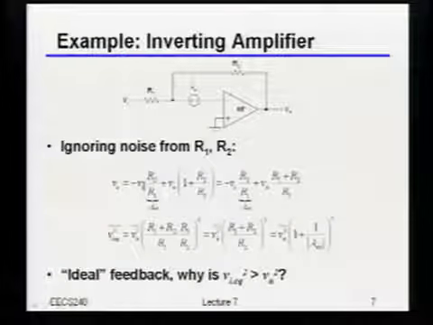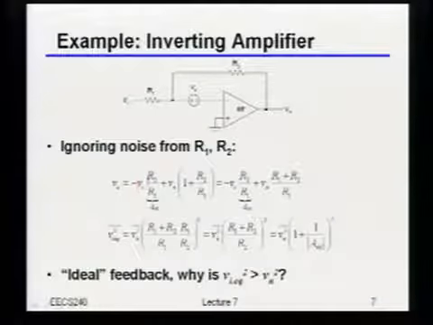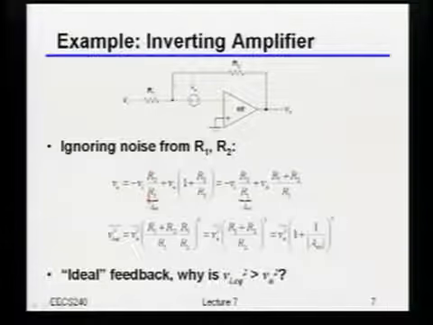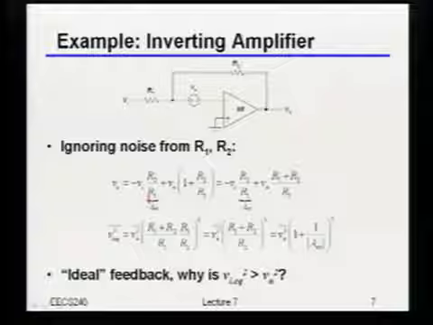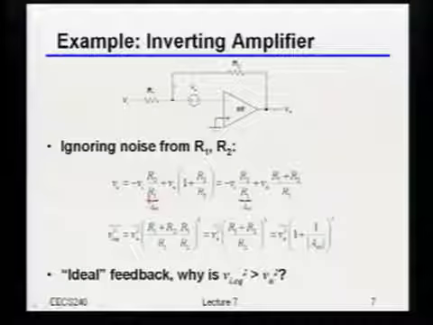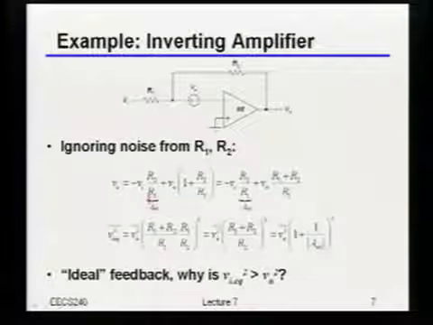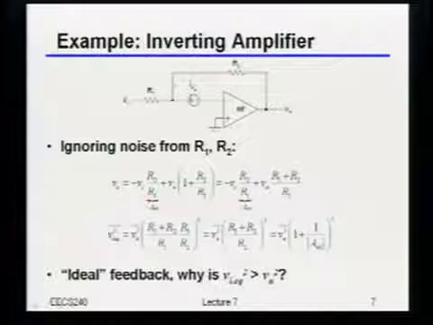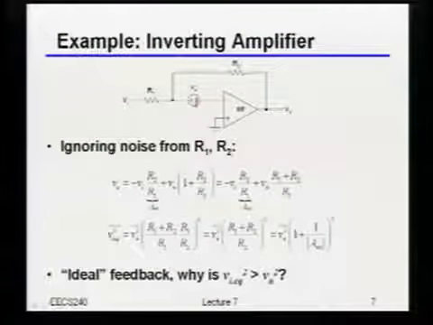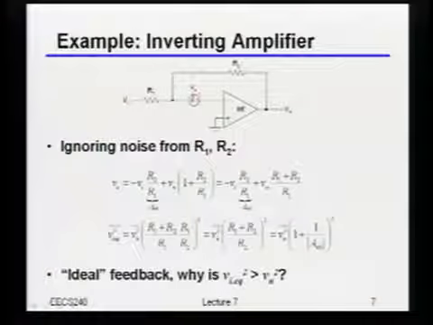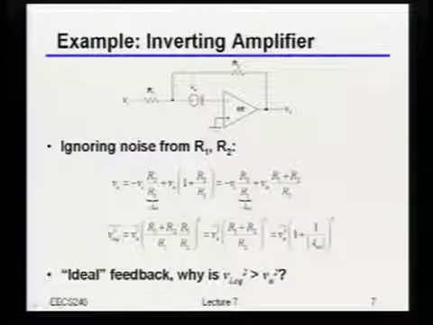From the standpoint of the input signal, the gain is just minus V1 times R2 over R1, right? Just your standard thing back from your very first circuits class. But now let's think about what the gain from the standpoint of the noise actually is. Right, so remember the input signal, that's sitting over here, but the noise, that's right at that input terminal of the op amp. Okay?